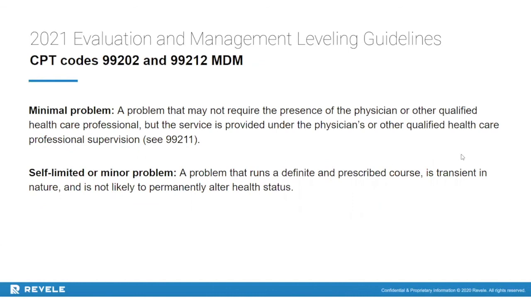And then you should use code 99211. Another term is self-limited or minor problem, which is a problem that runs a definite or prescribed course, is transient in nature, and is not likely to permanently alter health status.